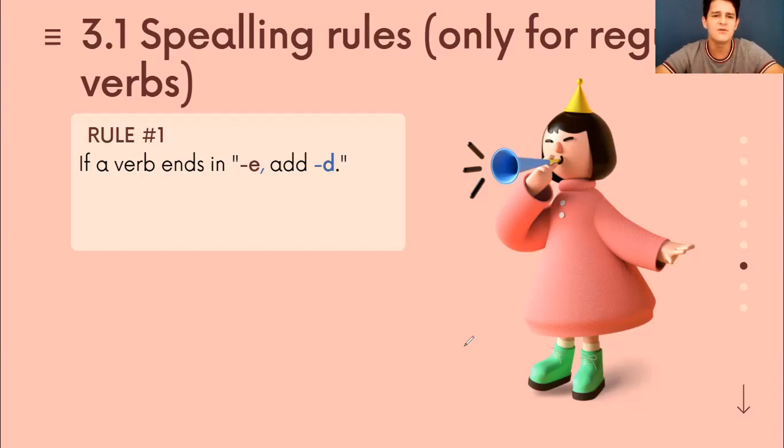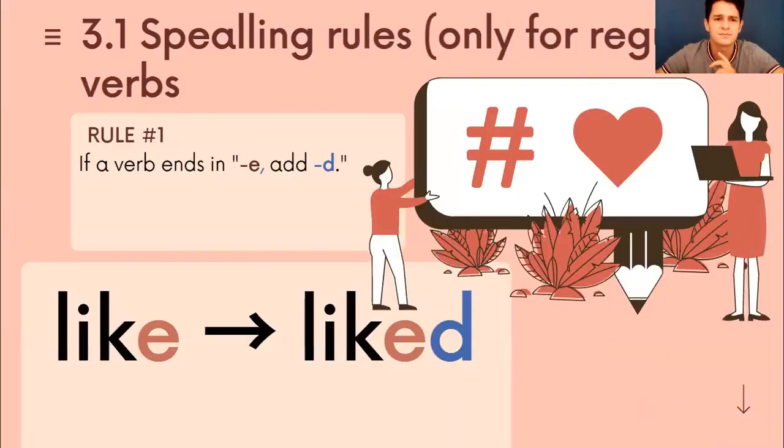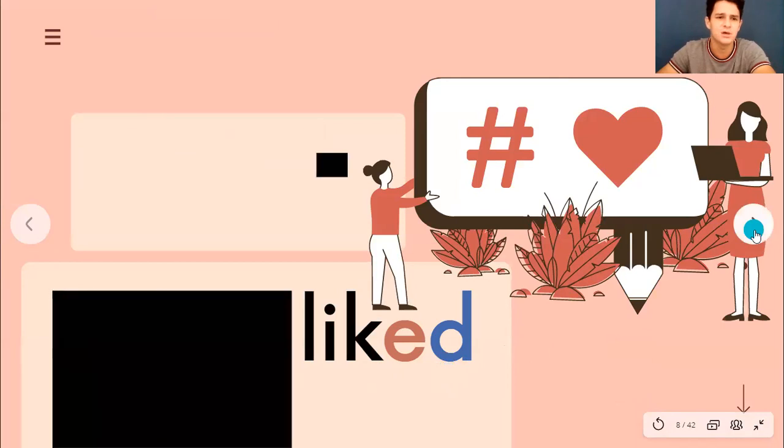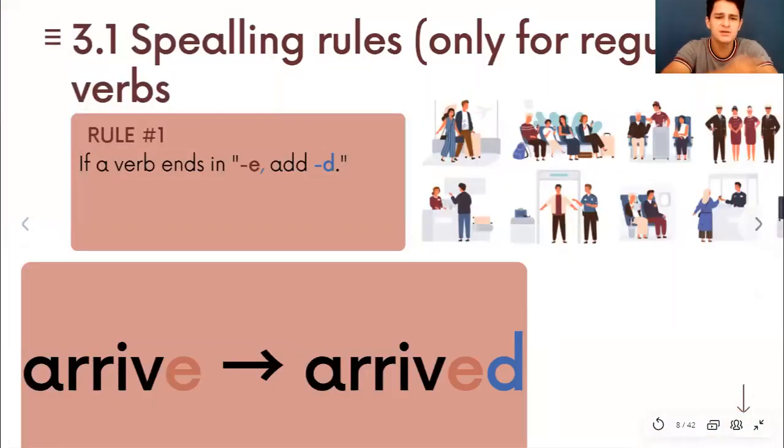Only the D. For example, like, it has the E, so I only add the D. Liked. Next. For example, arrive, then I say arrived. Okay, I have the E, I don't need to add the E, just the D.